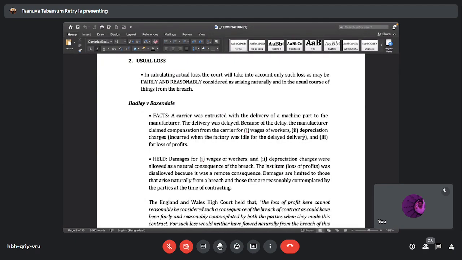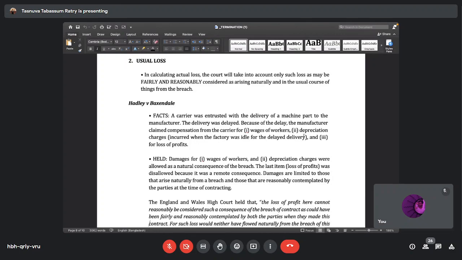Since the factory was sitting idle for so long, they incurred a lot of losses. Workersদেরকে wages দিতে হয়েছে, because they were sitting and waiting for the delivery, so as a result there were a lot of losses, overhead costs as well. So the manufacturer claimed compensation for the breach of contract.